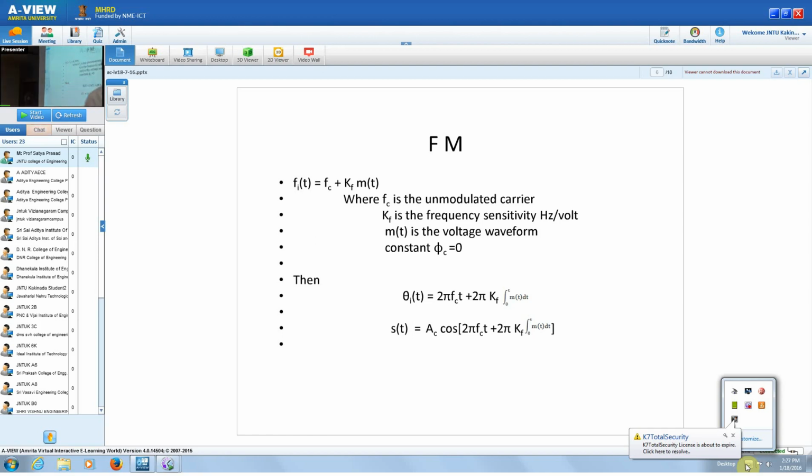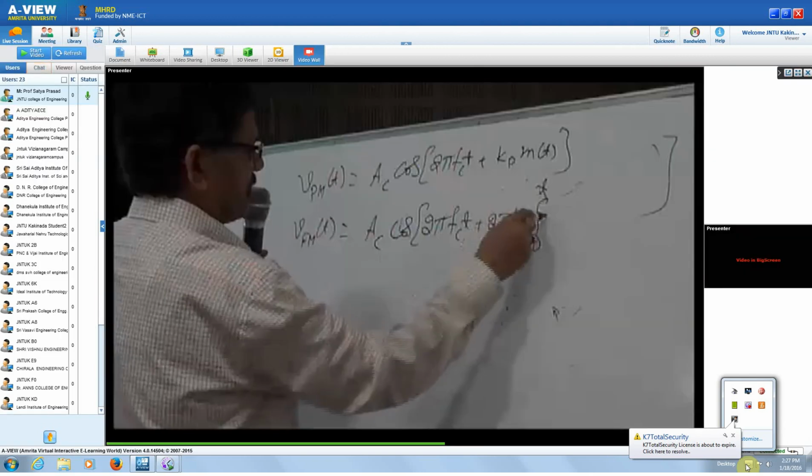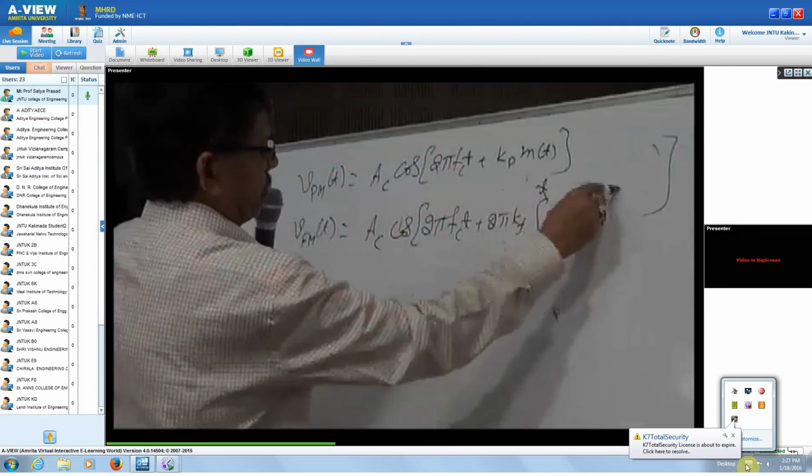So this is your phase modulated signal, and your frequency modulated signal is cos(2π f_c t + 2π k_f times the integral from 0 to t of m(t) dt).